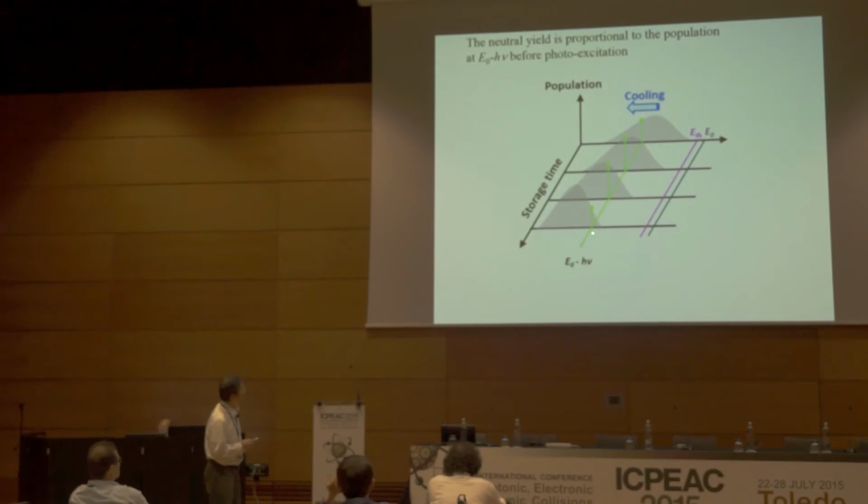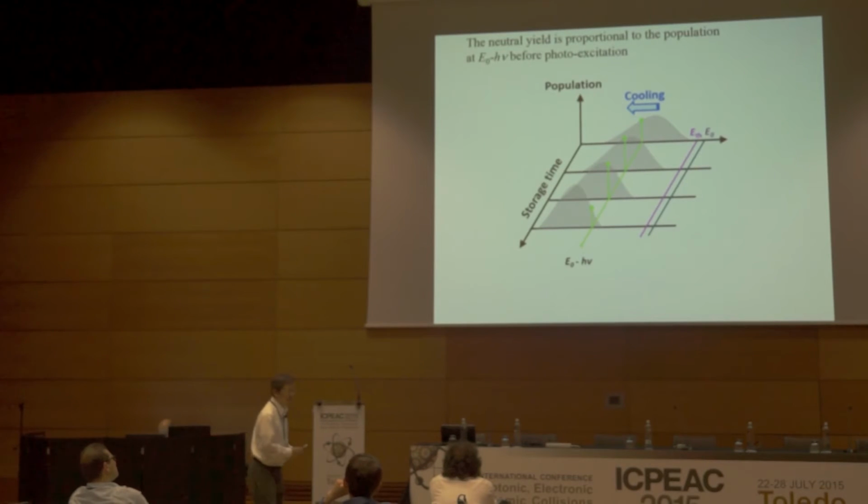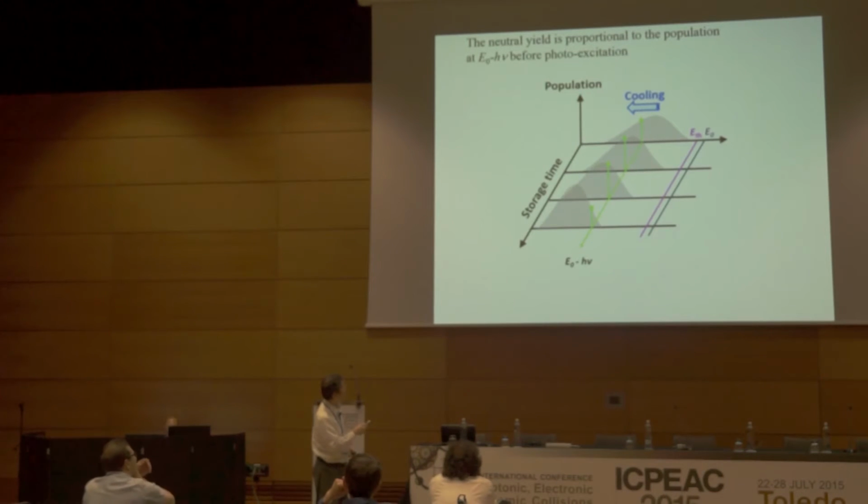So we measure the population at this energy before photoexcitation. If the peak is on the high energy side of this energy, cooling gives a better overlap of the peak and the population in this energy region.